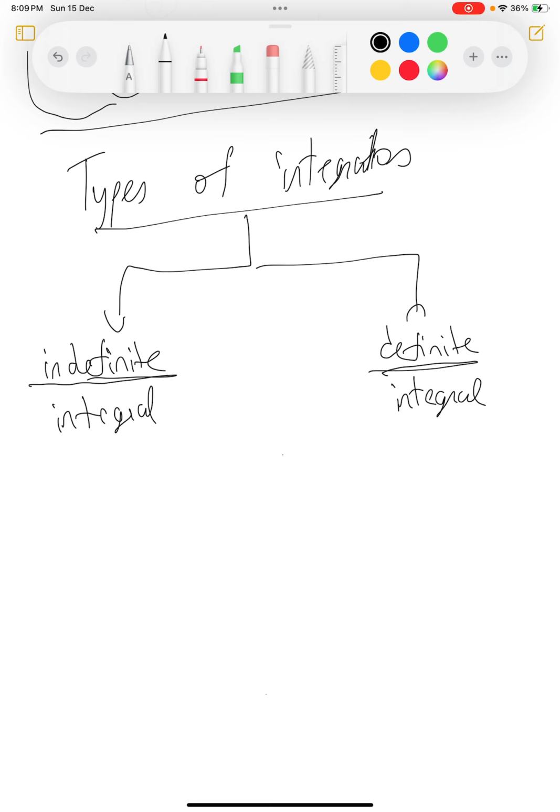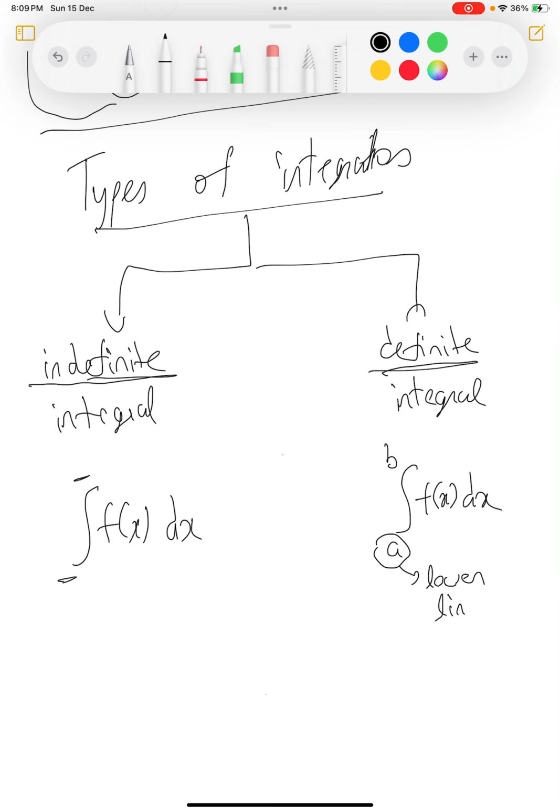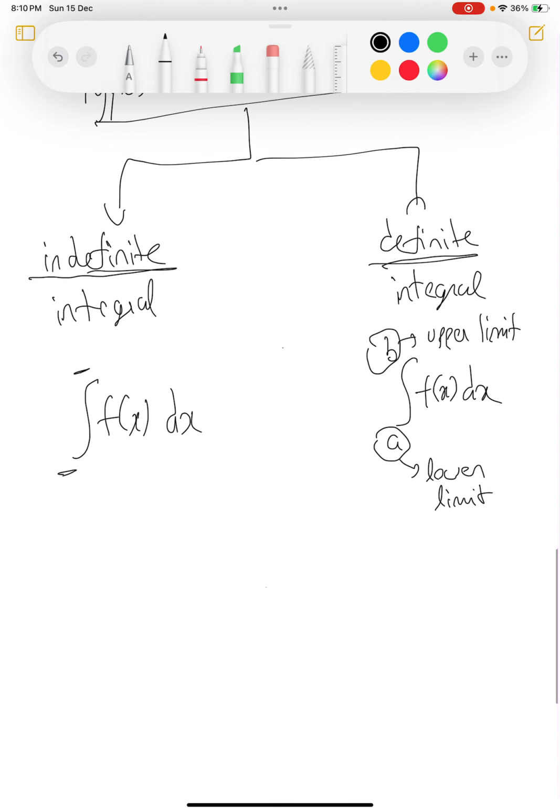Let me define the symbols also. There is a symbol like this, integral of f of x dx. There is no upper limit or lower limit on it, but here we have integral from a to b of f of x dx. Here a is called the lower limit, b is called the upper limit. Since we have an upper and lower limit, that's why it is called a definite integral. There is no upper and lower limit here, that's why it is called an indefinite integral.